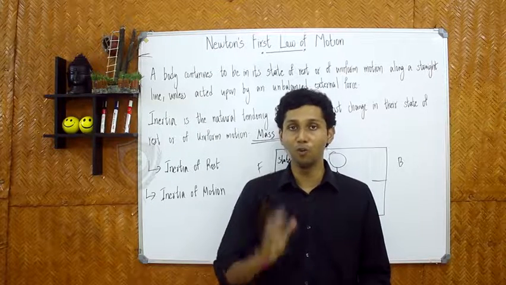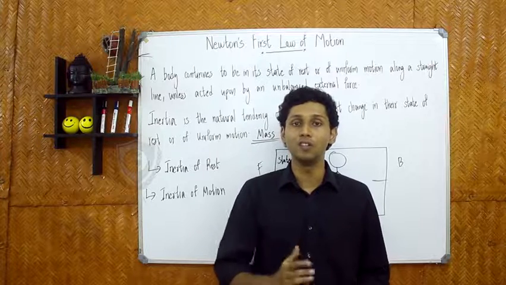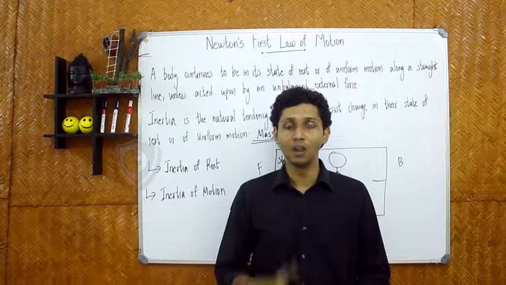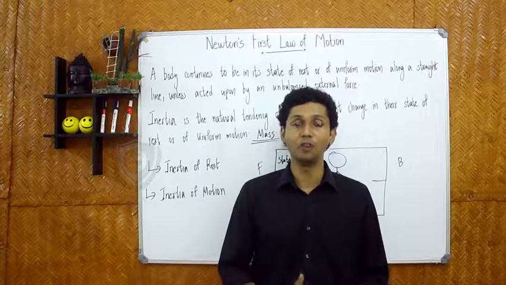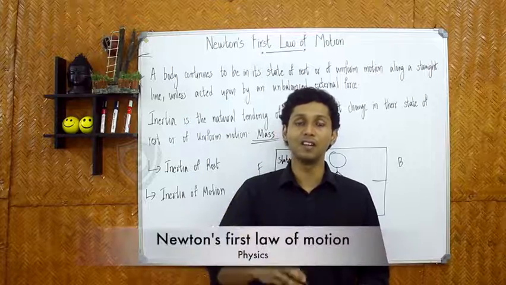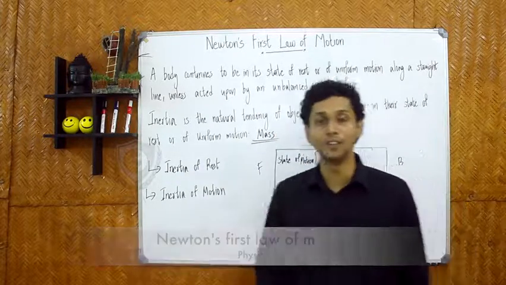So we have just discussed Newton's first law of motion. Newton's first law of motion describes the effect of force on a body which is either in the state of rest or in the state of uniform motion. And we know that this body always continues to be in its state of rest or of uniform motion unless some external unbalanced force is acting on that body. We have also seen the concept of inertia.